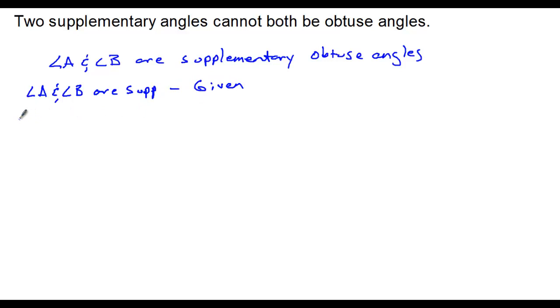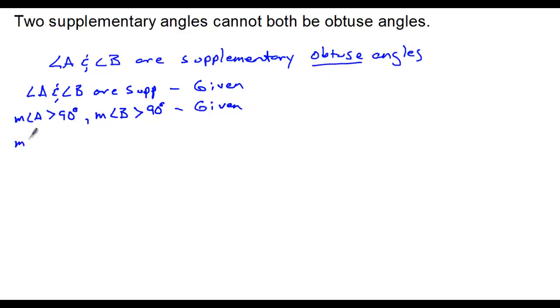Then I'm going to say the measure of angle A is greater than 90 degrees, and the measure of angle B is greater than 90 degrees. And that is also given right here. I said they're obtuse angles, so no big deal.